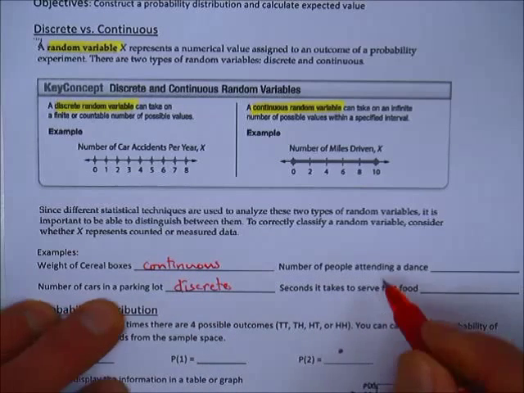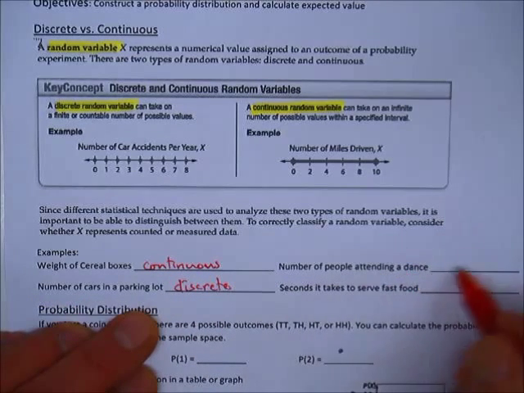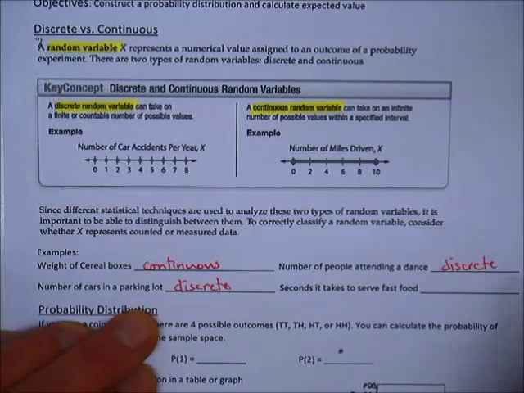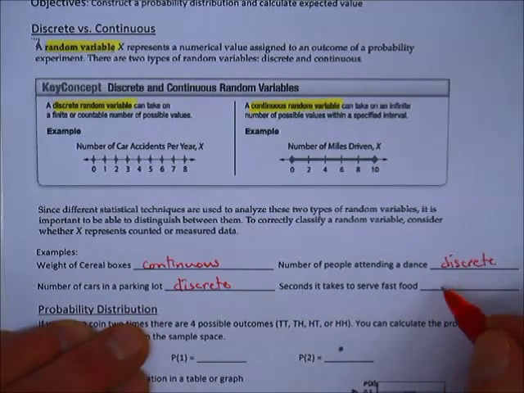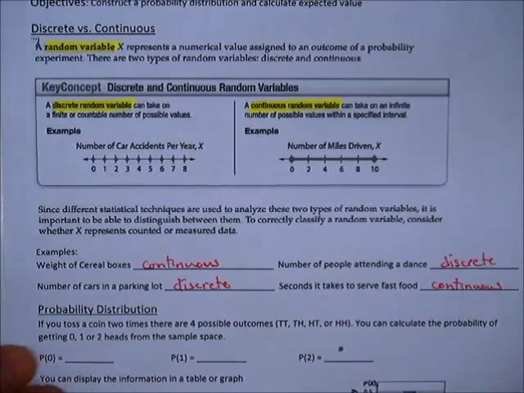Don't think you're going to have 1.5 cars in a parking lot. Number of people attending a dance, that'll also be discrete. 82.5 people attended the dance? I don't think so. Seconds it takes to serve fast food, that could be partial, that could be fractional too, so that's going to be continuous. So that concept's pretty easy.